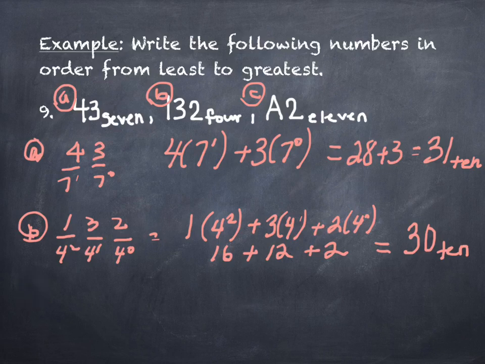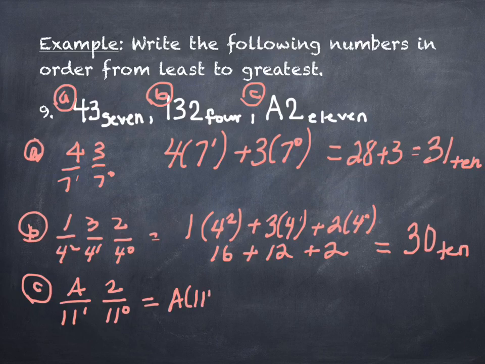All right, so C, we're going to take a look at A2. And this is in base 11, so we've got powers of 11, 11 to the 0 and 11 to the 1. Now what I really need is A times 11 to the 1, and 2 times 11 to the 0. But if you'll remember, this A right here is actually equal to the value of 10.